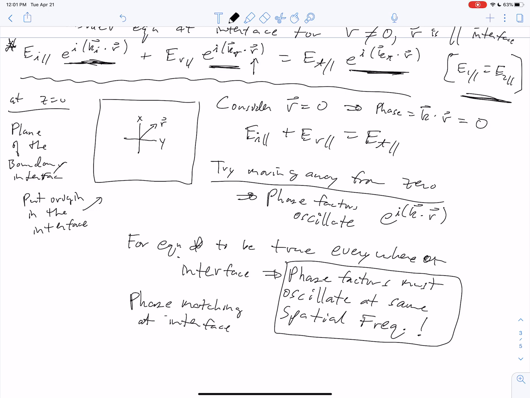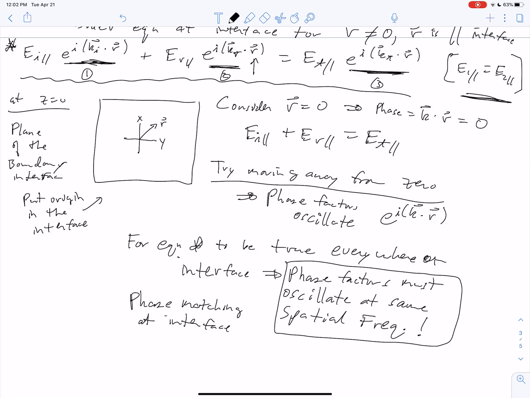And that must be true, because I have these three phase factors, I'll call them 1, 2, 3. For this equation star to be true, those three phase factors must always be equal, everywhere on the interface.